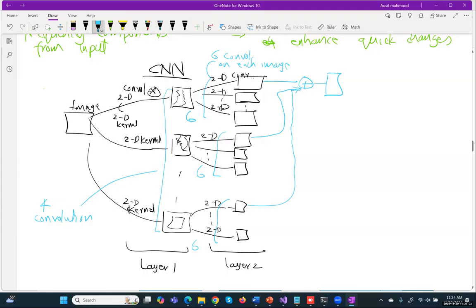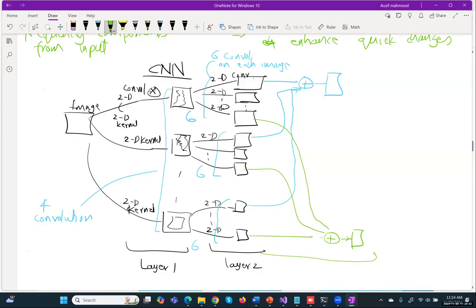Similarly, we'll take the second of these and add it to all the second of all of those, and similarly to the 6th one of these. So if we created the second layer like this, how many images will we end up with? Only 6.